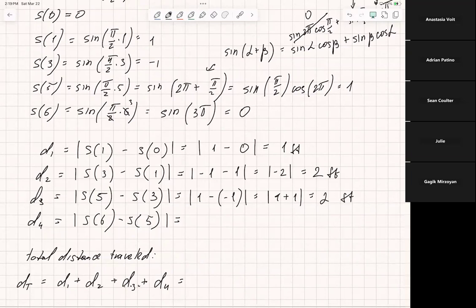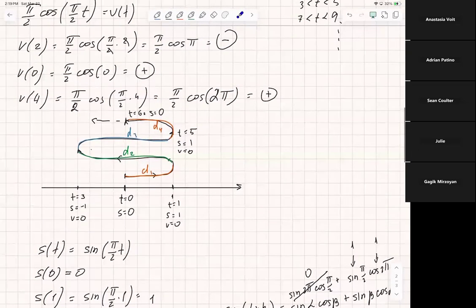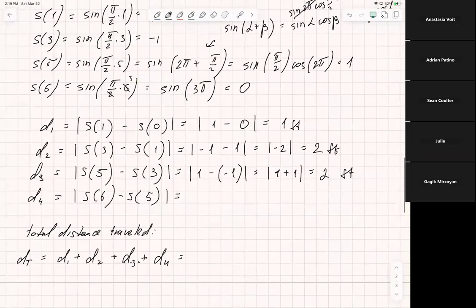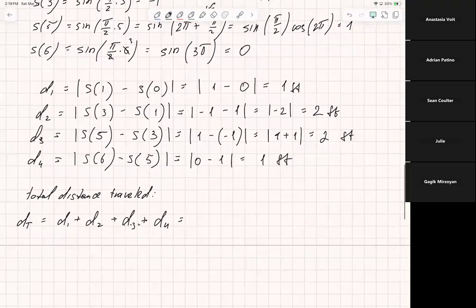And s of 6 minus s of 5, remember s of 6 was at 0 and s of 5 was at 1. So we will write here 0 minus 1, we get still 1. Okay, and now we just add all of these values together. We get 1 plus 2 plus 2 plus 1, which is just 6 feet. This is the total distance traveled in 6 seconds.